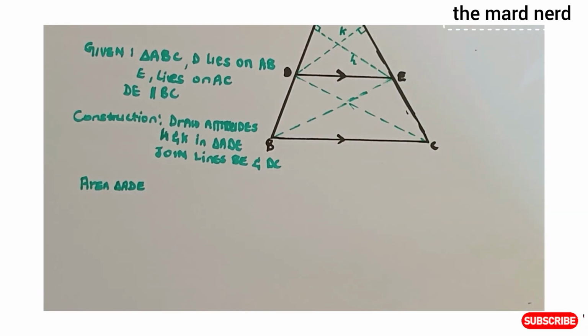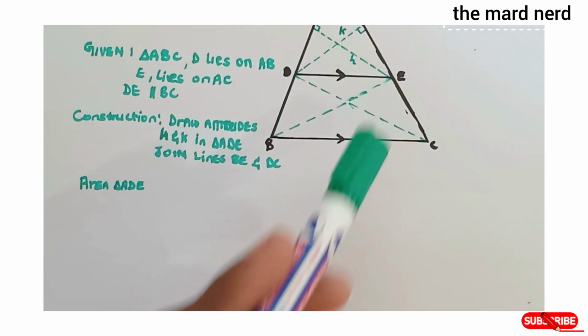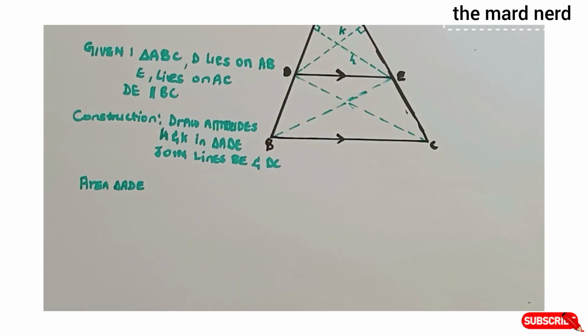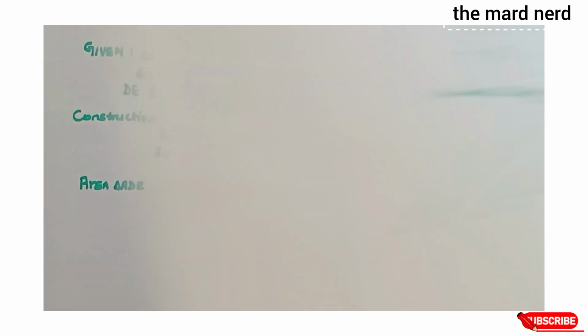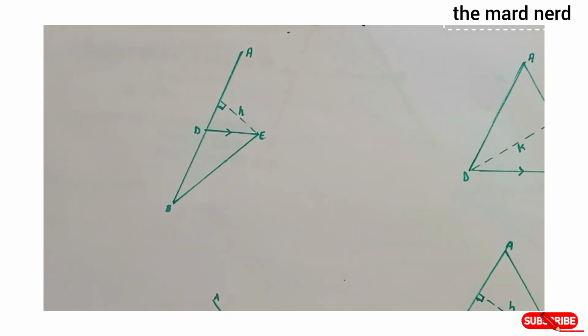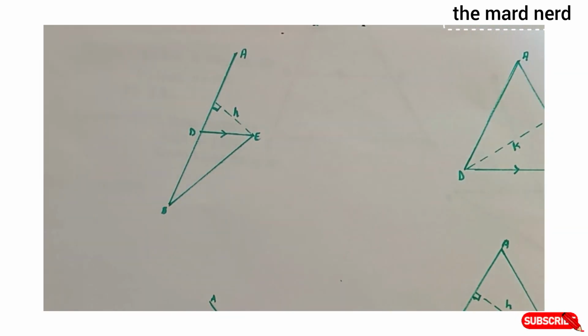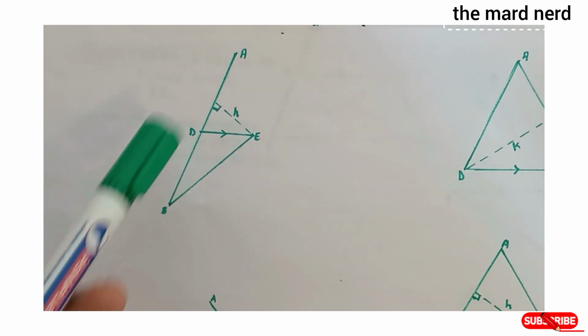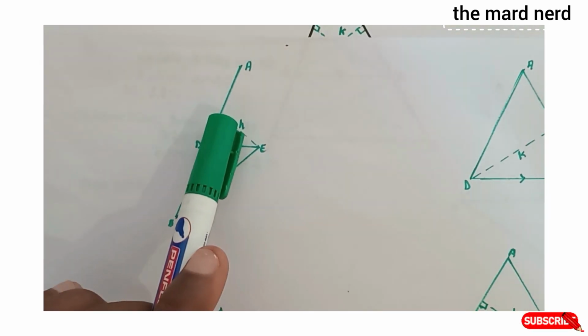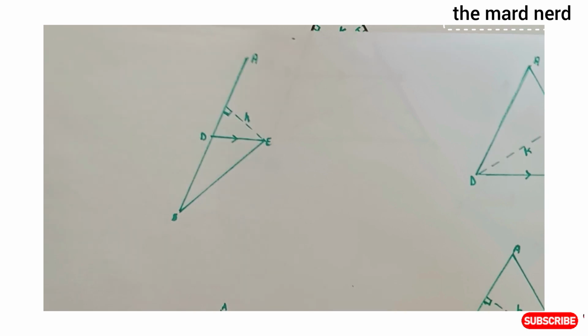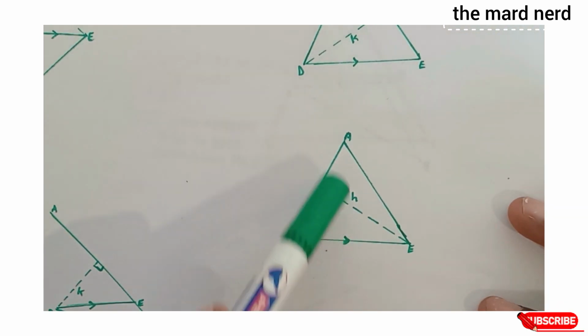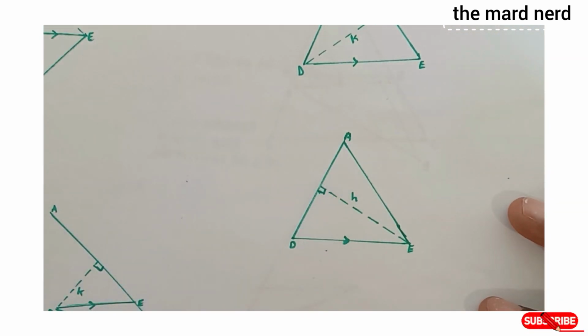Since this triangle has an altitude that is h, we can look at the other triangle that has an altitude that is h. I did a sketch here that shows a triangle with an altitude that is the same as the other triangle. So we have triangle BDE here with an altitude that is h, and looking over here, we have triangle ADE with an altitude that is h.